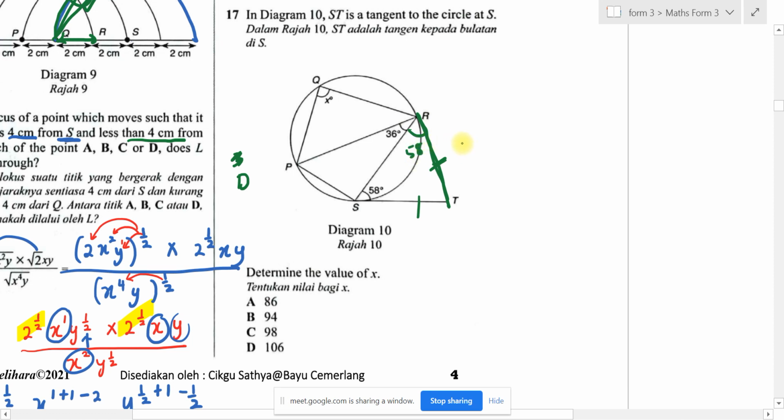Does it help anything? They never give the center. That's the problem. If they give you the center, okay, I can calculate the angle here and then half of the angle here.